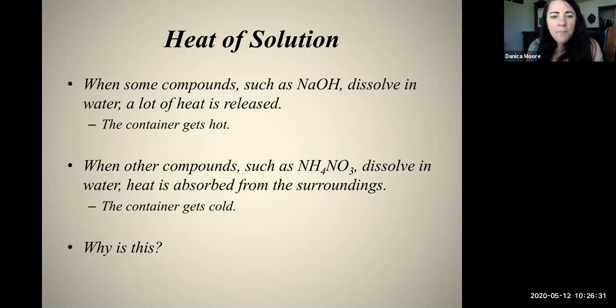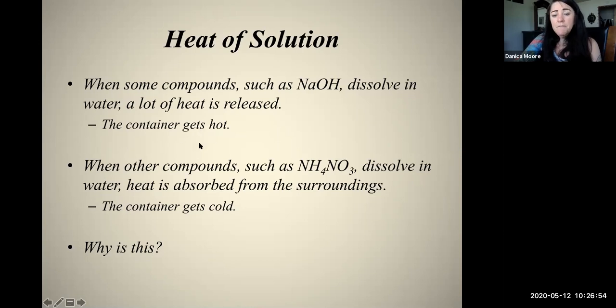But when we talk about dissolving things, some we dissolve exothermically, meaning they put off heat. An example of that would be sodium hydroxide. When you dissolve sodium hydroxide, the container gets hot, right?